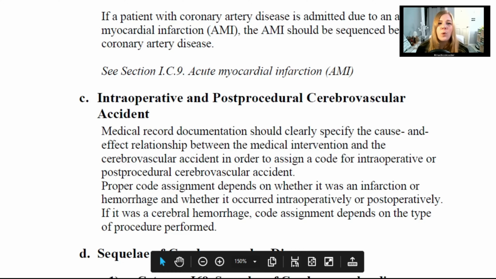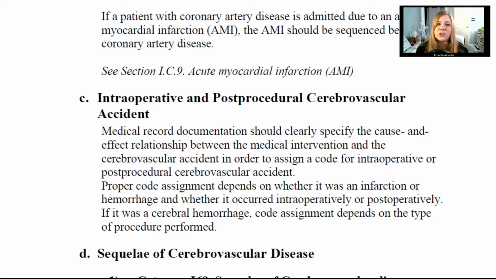When using one of these combination codes, it is not necessary to use an additional code for angina pectoris. It's already included in there. So a causal relationship can be assumed in a patient with both atherosclerosis and angina pectoris unless the provider indicates that the angina is due to something other than the atherosclerosis.